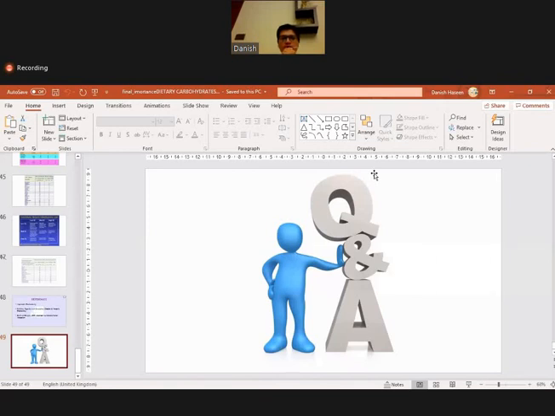Someone asks, so when selecting a diet, should we go for glycemic index? Okay. Now, we have to take care of both glycemic index and the glycemic load as well. As a nutritionist, you should be observing both the glycemic index and the glycemic load at the same time.